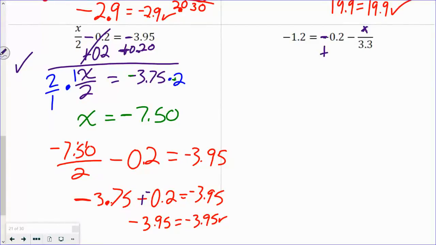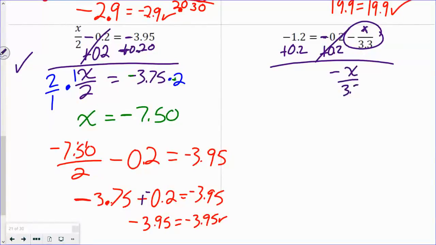So I need to add my 2 tenths to both sides. Make that cancel. Now don't forget to bring down your negative with your x and 3 tenths. Then I have a negative and a positive. Different sign subtracts, keep the sign of a higher value, then you'll be exact. That's a negative 1.